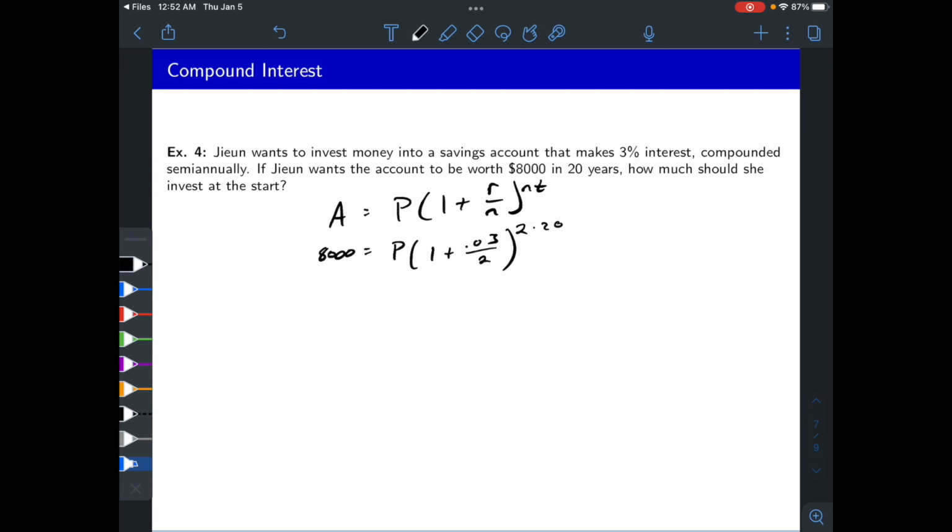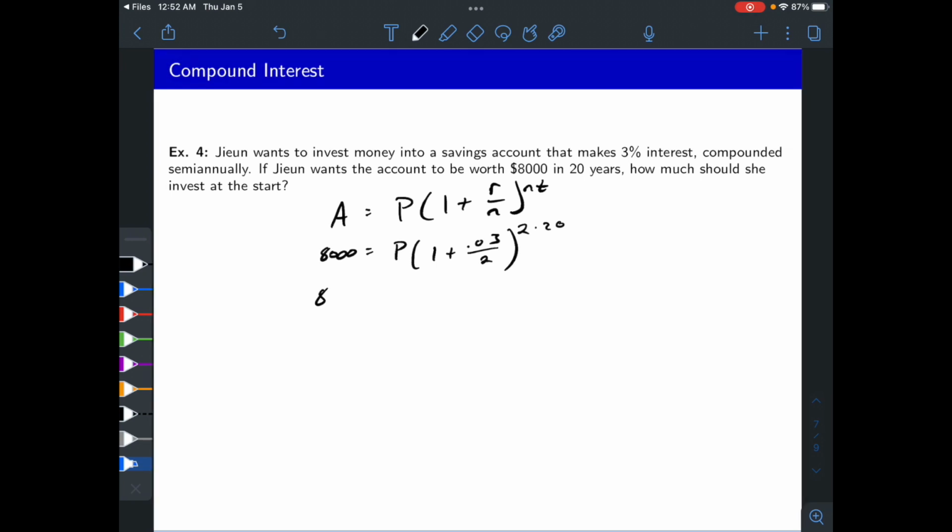Okay, well, that's fine, I guess. What can we do with this? Well, this whole thing over here is a constant, and so you could just divide by this. You could put this into your calculator right now and compute what that is equal to.